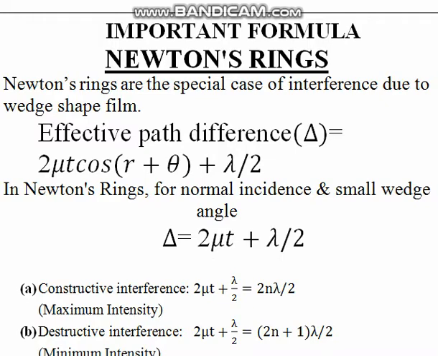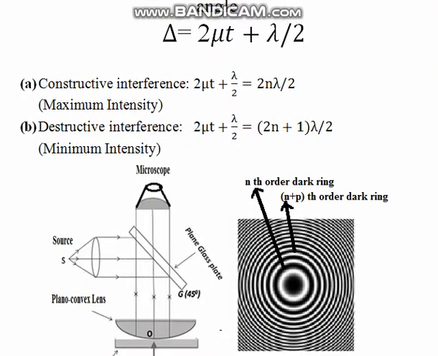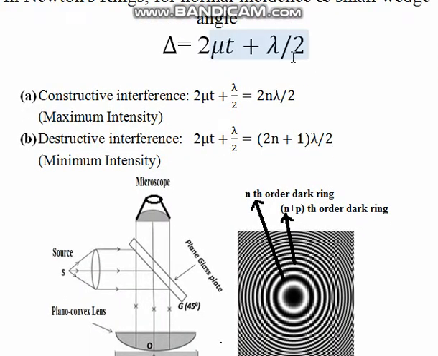With the help of this path difference we can write the conditions for maxima and minima. When the effective path difference is an even multiple of lambda by 2, we obtain maximum intensity, and when it is an odd multiple of lambda by 2, we obtain minimum intensity.